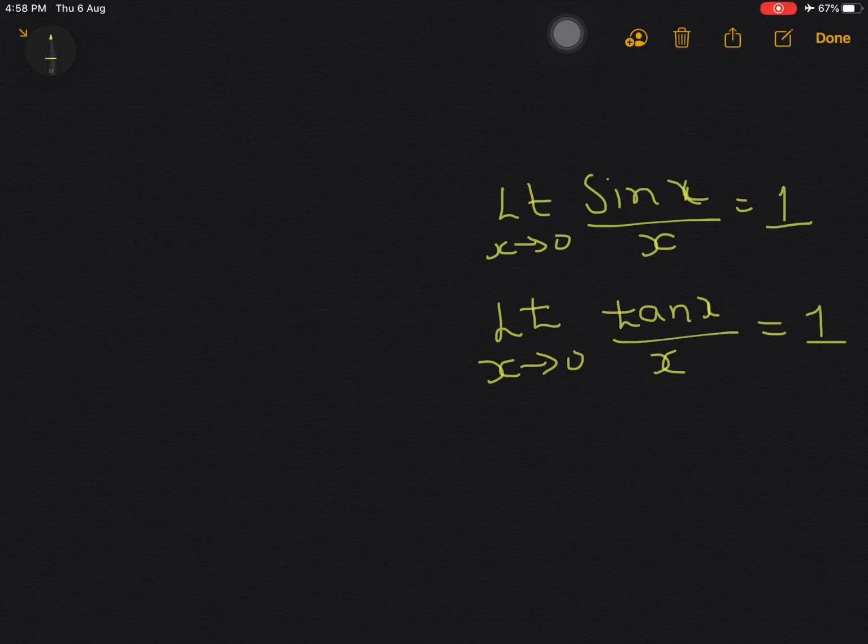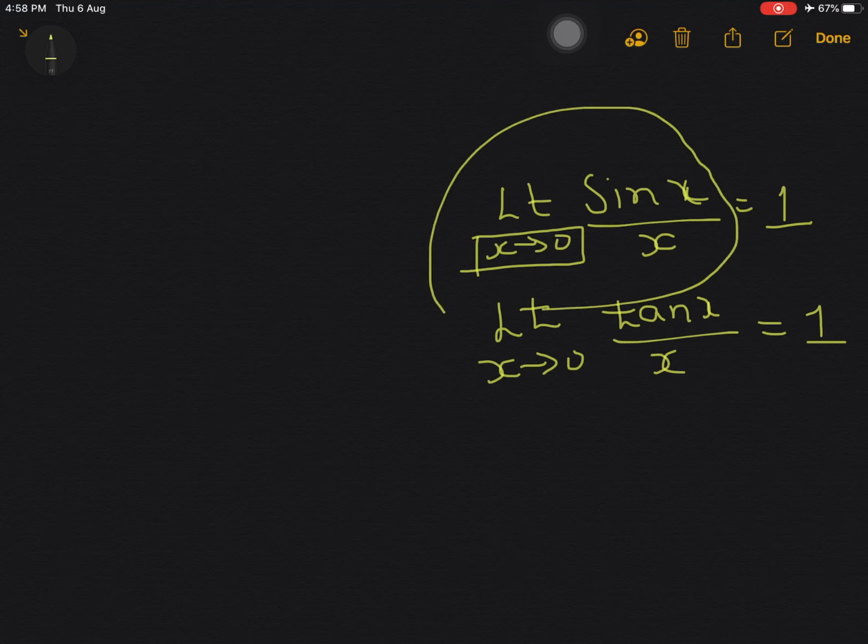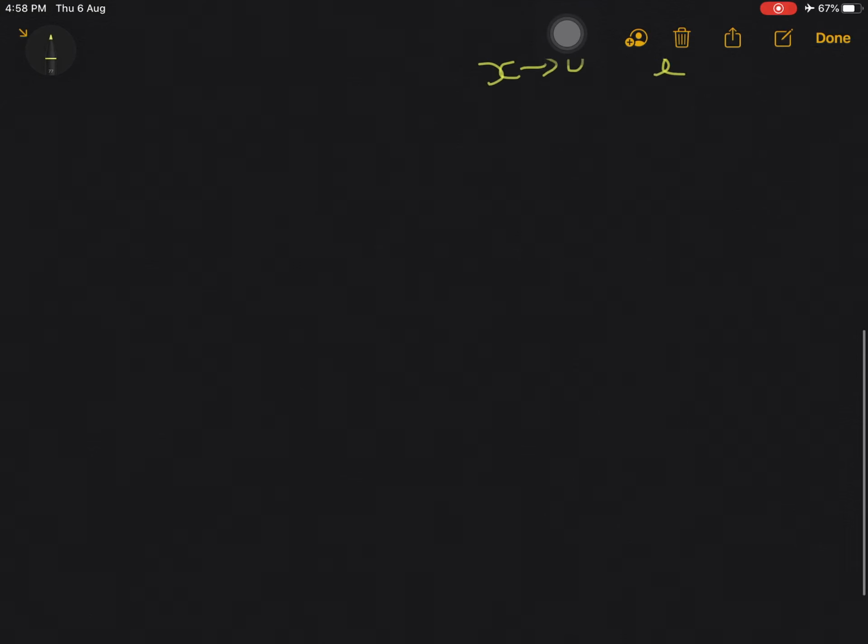The two main conditions: x tends to 0, and the coefficient of x in the numerator and the coefficient of x in the denominator must be the same. Then we call the entire limit equal to 1.